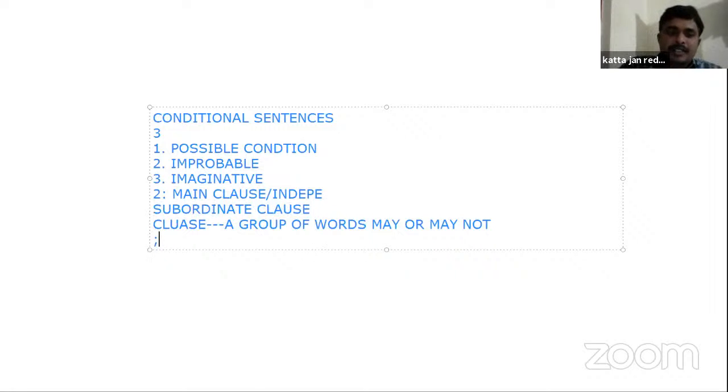Example for the main clause. In shortcut, it is MC, main clause. I shall offer my helping hand. This is the main clause, a group of words which gives complete meaning. I shall offer my helping hand. I shall give my money.